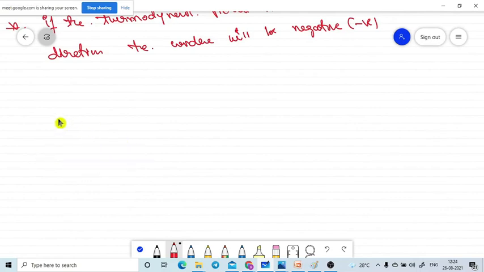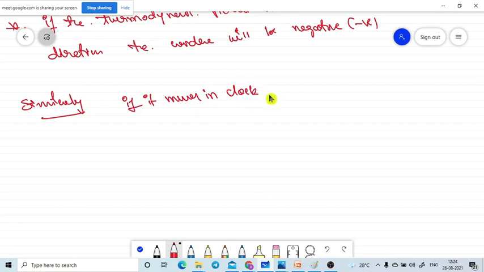So similarly, if it moves in clockwise direction, what will you get? W is equal to positive. Very important. So this is the condition we need to know.